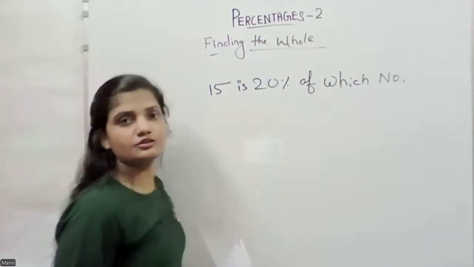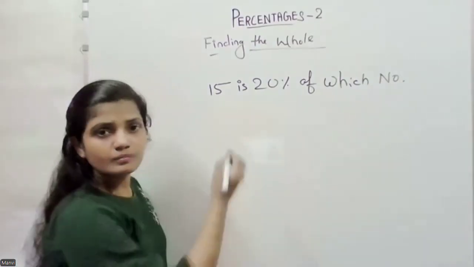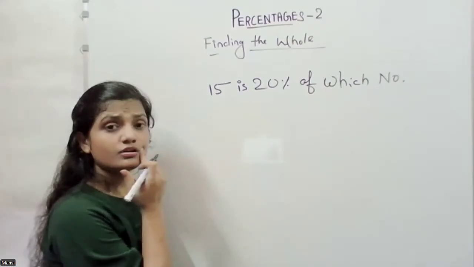First, what are you writing in your sheet? I wrote 15 equal to 20 by 100 times.